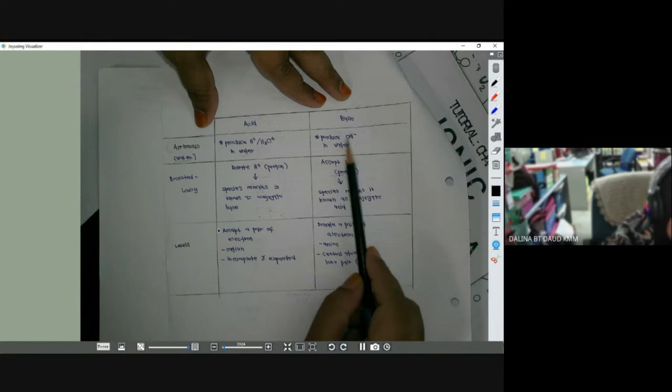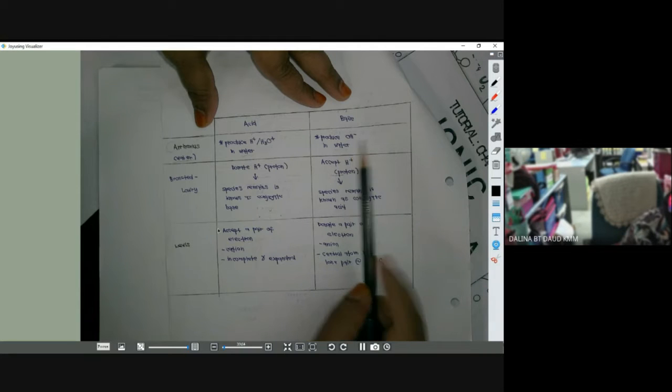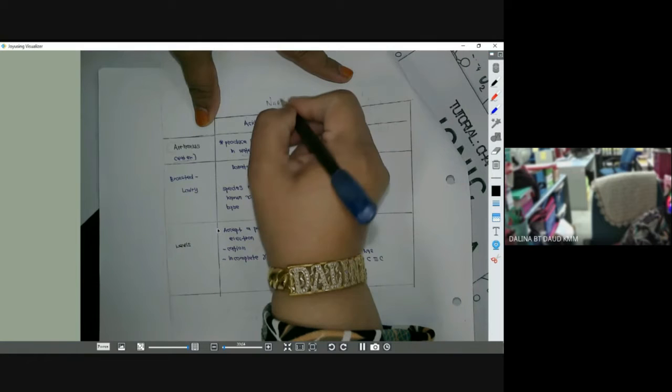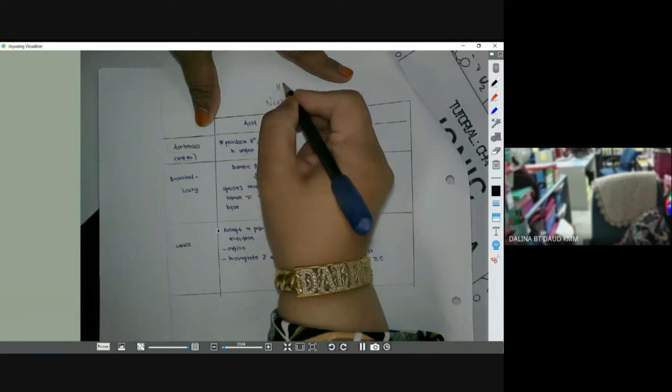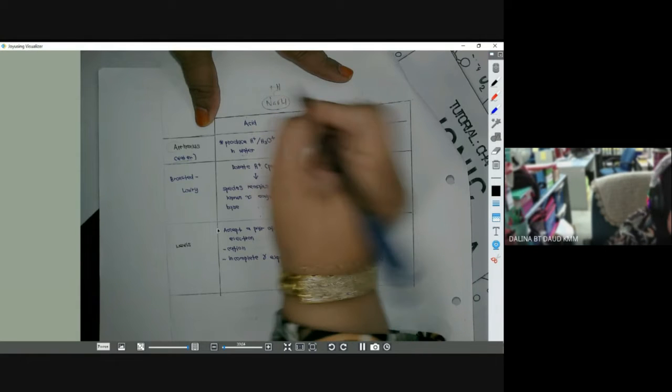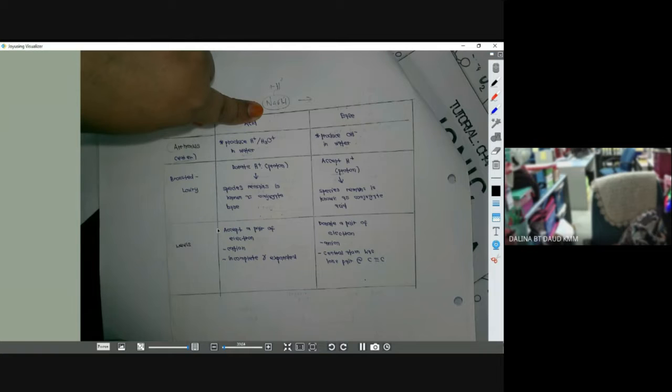Sebab tu kalau kita tengok NaOH, cikgu kenapa dia tak derma H plus? Ataupun dia ni base, kenapa dia tak accept H plus? NaOH ni dia lebih kepada Arrhenius punya definition sebab dia akan hasilkan OH minus.